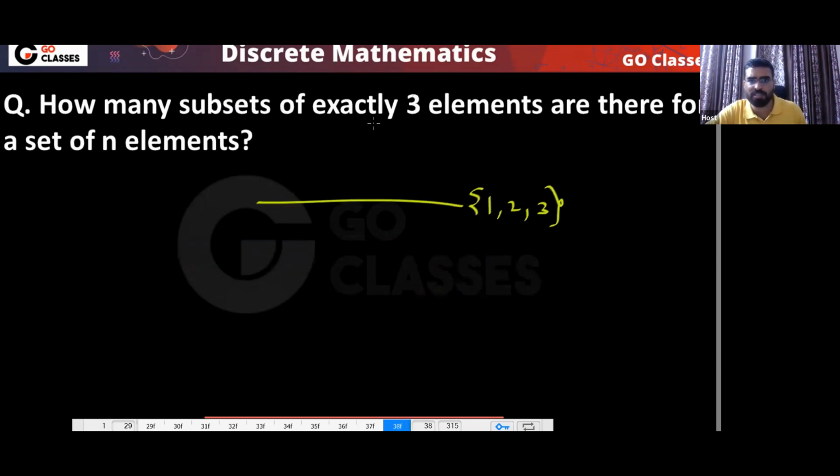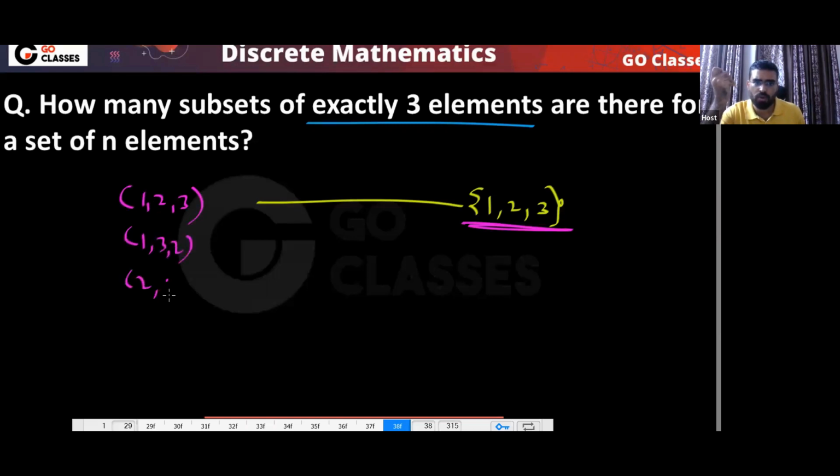But if I ask you for subsets of three elements, now life is a little bit hard. So what can we do? Very simple. Remember this, the pre-images of this will be 1 2 3, 1 3 2, 2 1 3, 2 3 1, 3 1 2, 3 2 1.